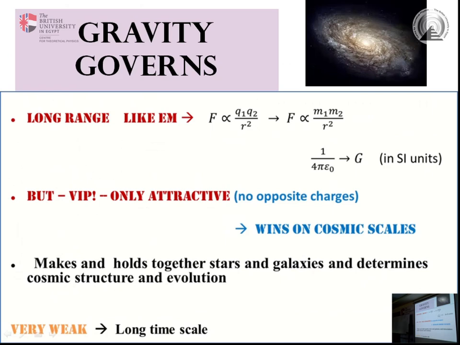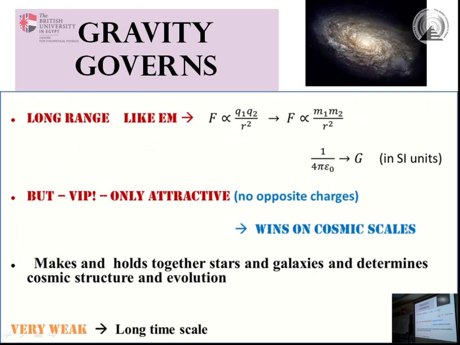First of all, at large scales, gravity governs. Gravity is much weaker than electromagnetism or the other forces. Between a proton and an electron, the force of gravity is like 10 to the minus 40 or so, a very small number compared to the electrostatic force.